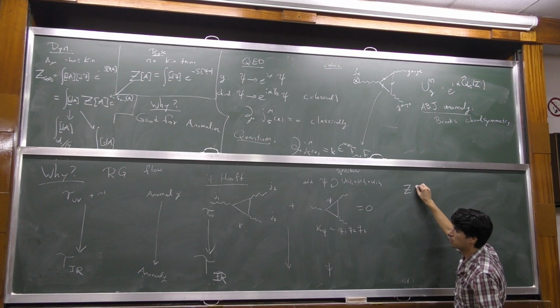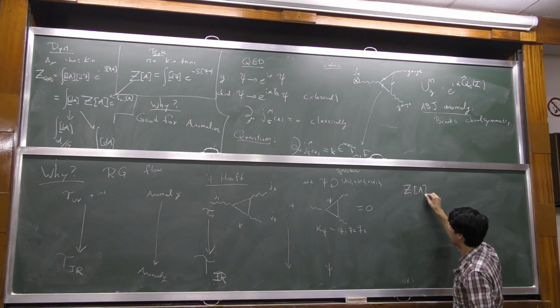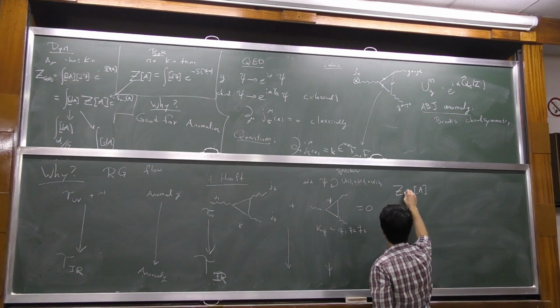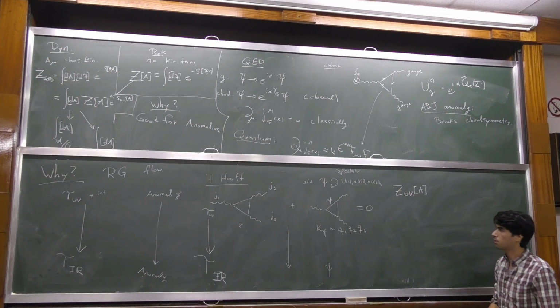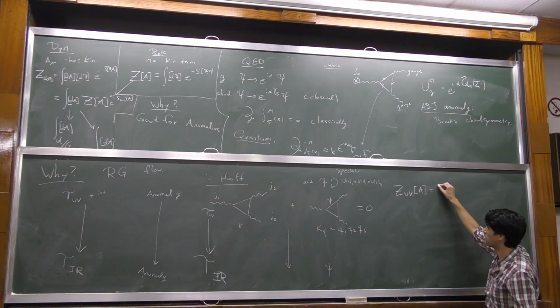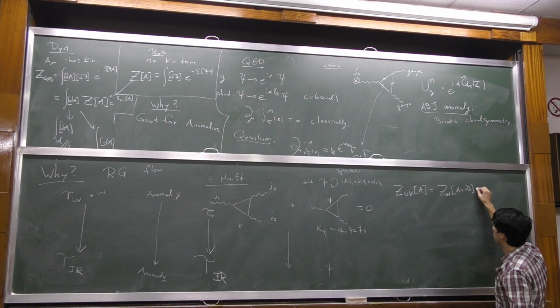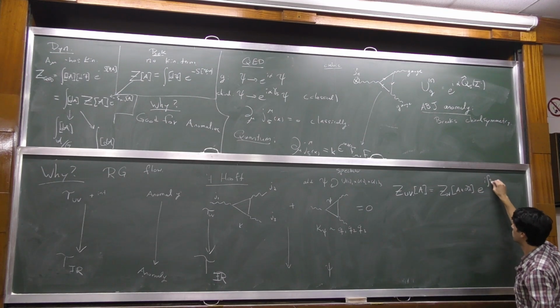okay, so say we have our UV theory, which has this partition function, and under the gauge transformations, there's the space.